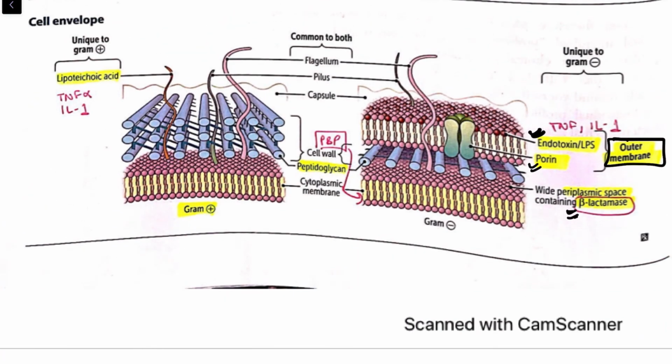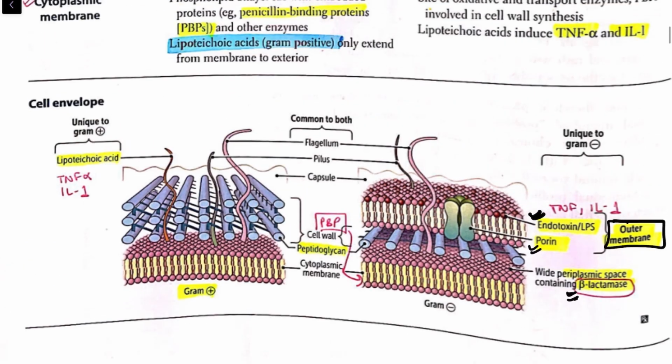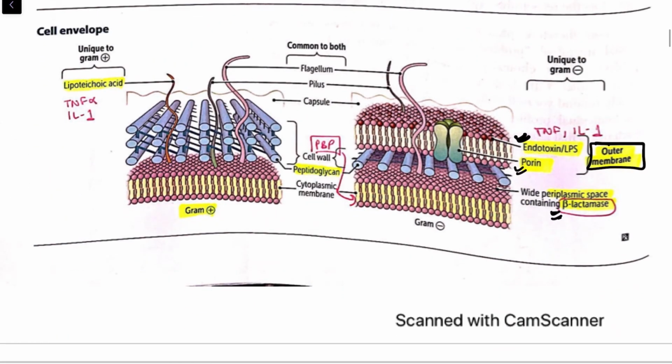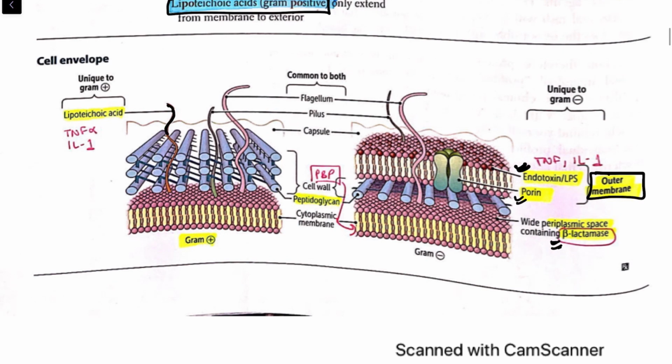Okay. Then cell wall, it is made up of peptidoglycan. And finally, cell membrane. The cell membrane contains penicillin binding proteins, and a unique structure to gram-positive bacteria is lipoteichoic acid, which extends from the cell membrane to the outside. So here we can see the gram-positive cell wall with the lipoteichoic acid.